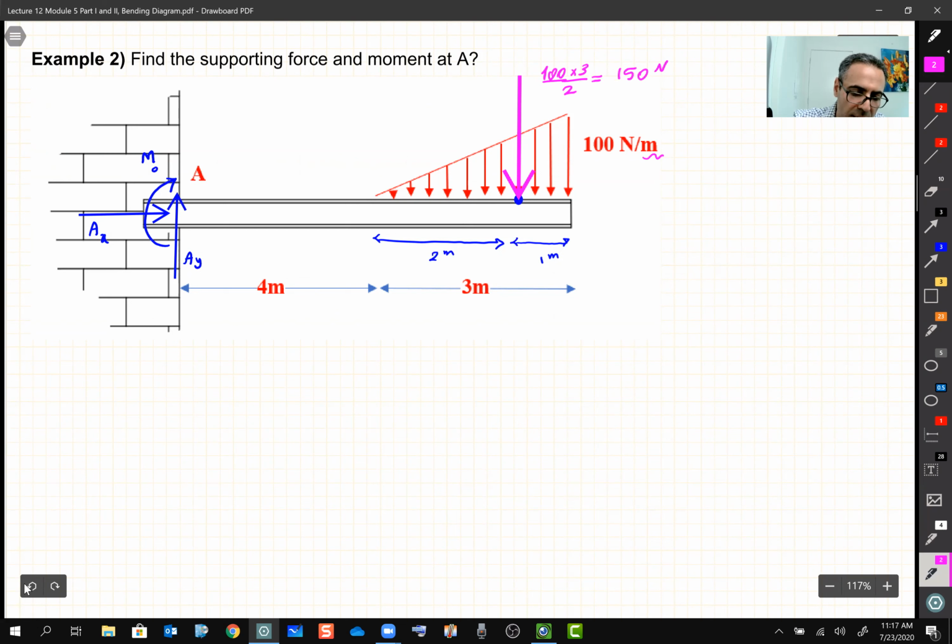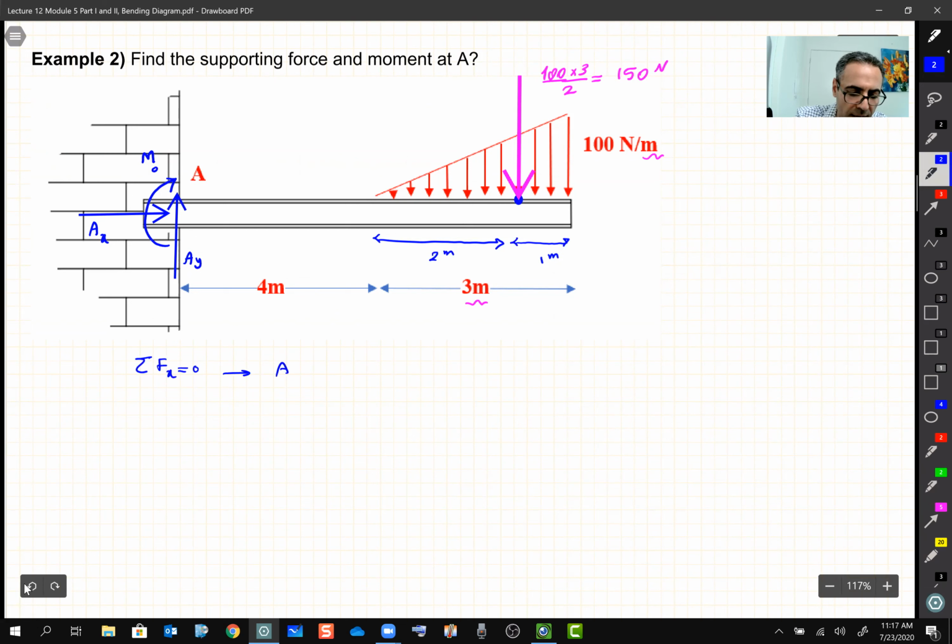Be careful, this is meter, this is meter. So the rest, you know how to deal with it. Sum of the force in X equal to 0 gives us AX equals 0. Sum of the force in Y equal to 0 gives us AY equals 150. And taking a moment about this point A equal to 0 gives us M0 minus 150 multiplied by its distance, which is 6 meters, equal to 0.